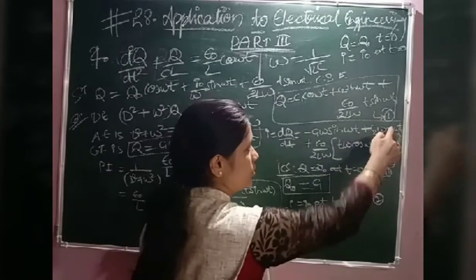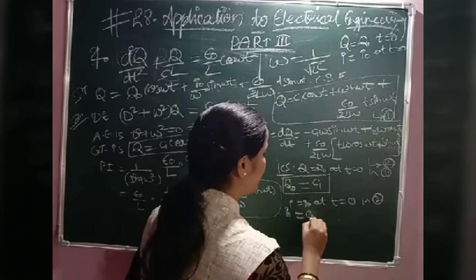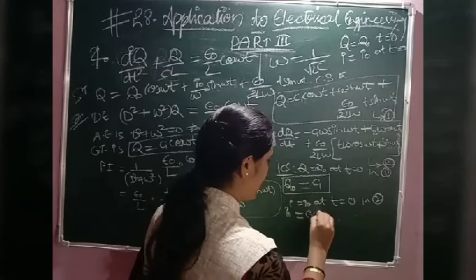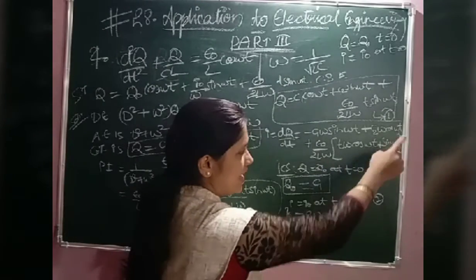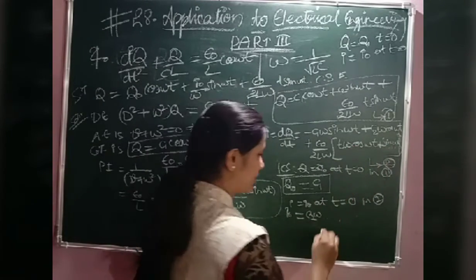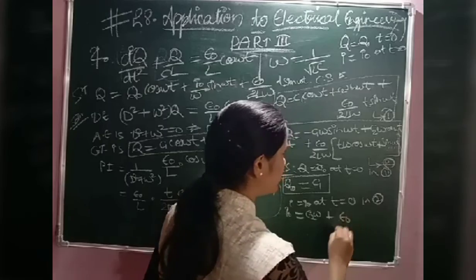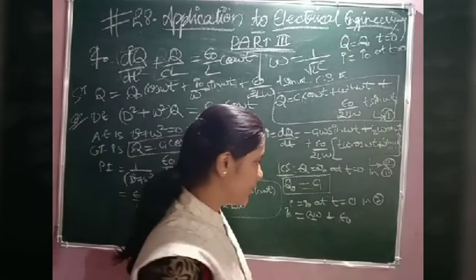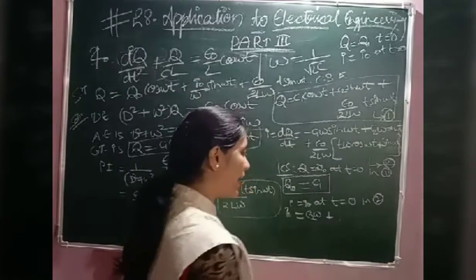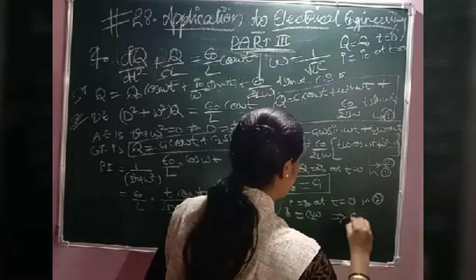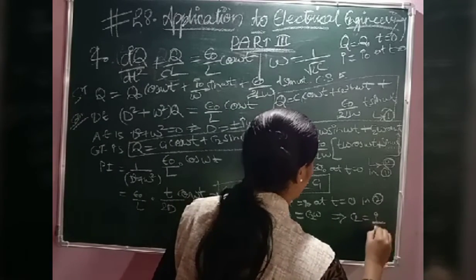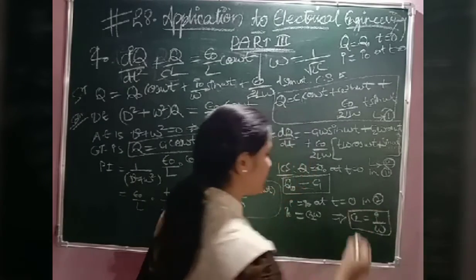So we are left with C₂ ω, since cos ωt is 1. Now sin is 0 in the last term, and we also have t = 0. So what do we get? I₀ = C₂ ω, which implies C₂ = I₀/ω.